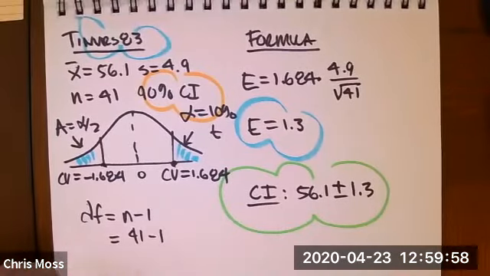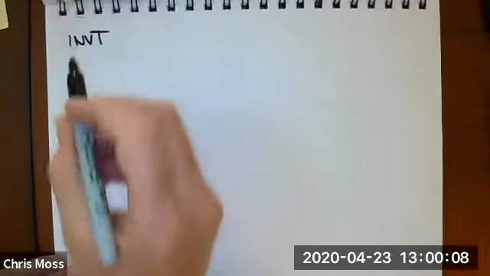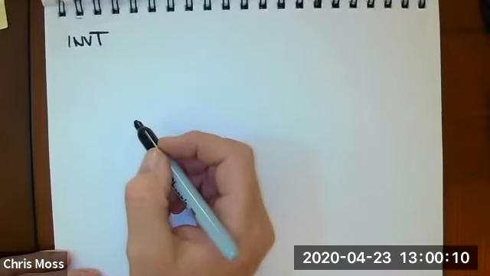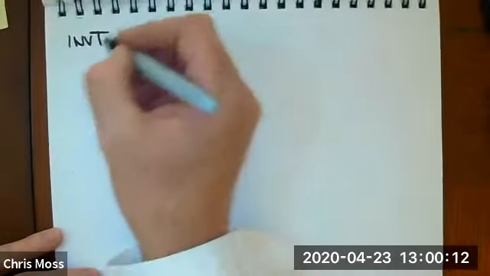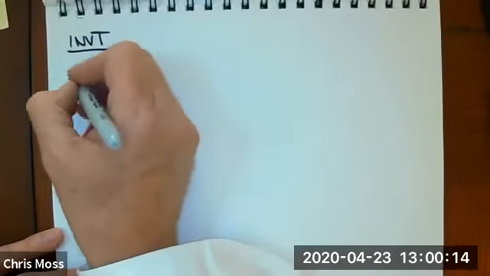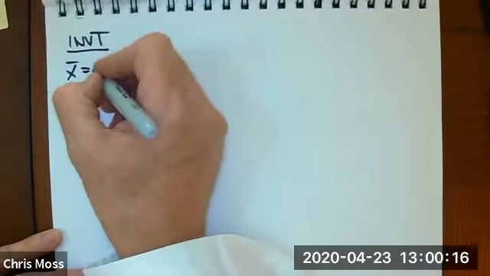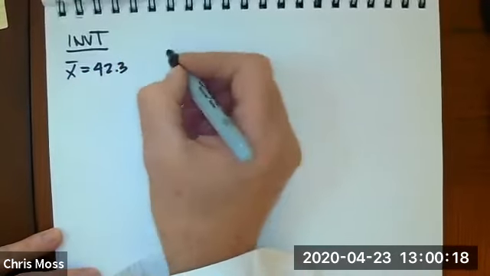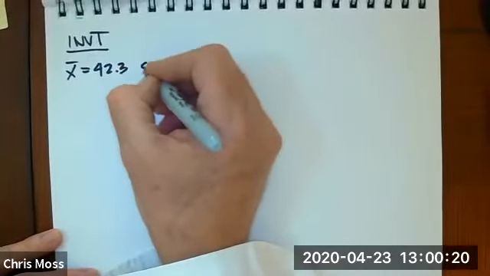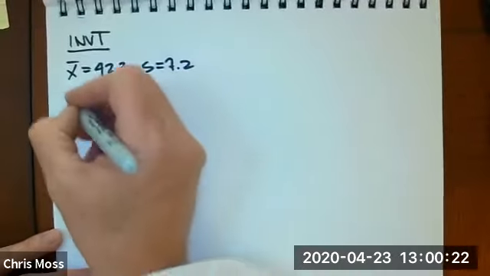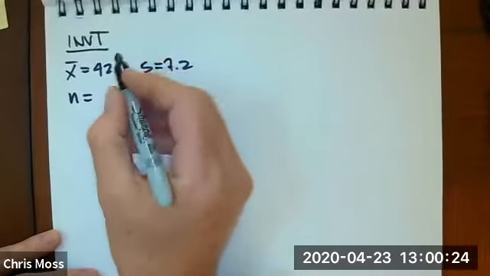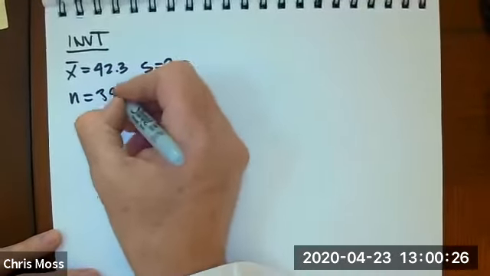But suppose you don't have your programs. Well, let's take a look at another example. This time, I'm going to use the inverse t tool. For my example here, X bar is 42.3, S is 7.2, sample size we're going to use 39.